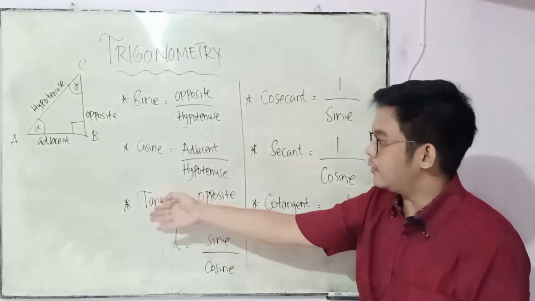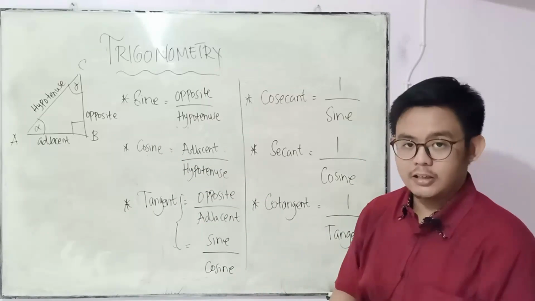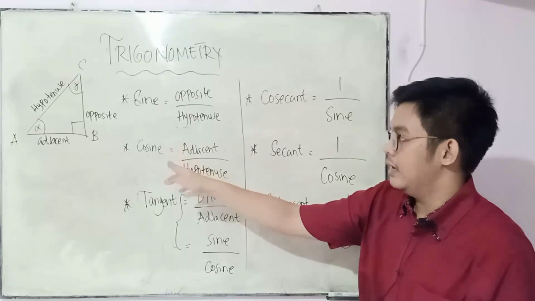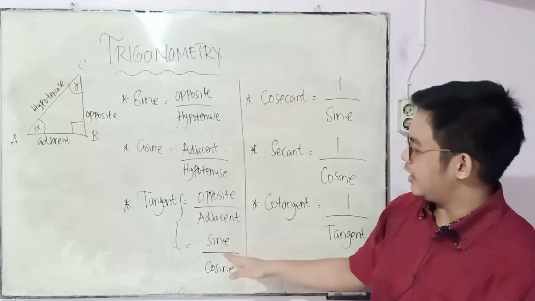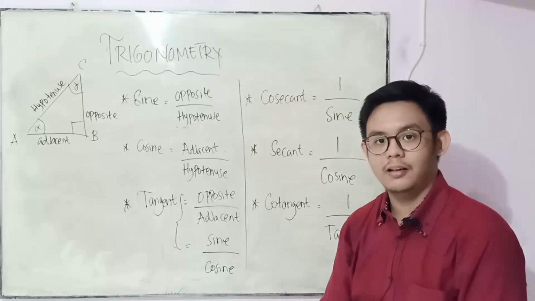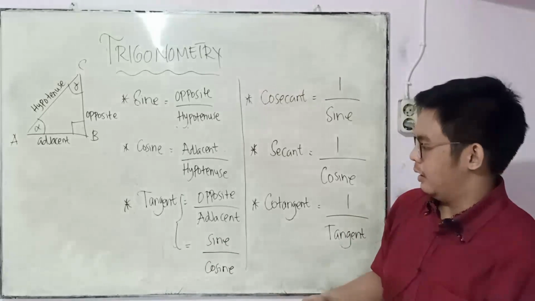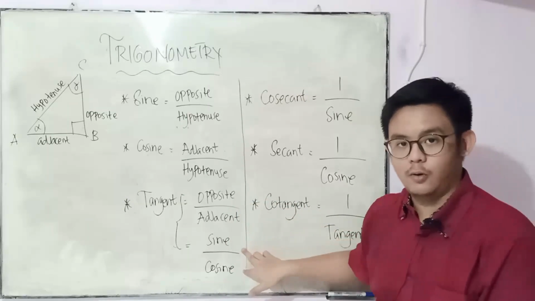And then you have the tangent alpha. In tangent, you can say it as the opposite side over the adjacent, or you can say it as the sine over cosine as well. It doesn't matter whether you want to use this one or the sine over cosine one.